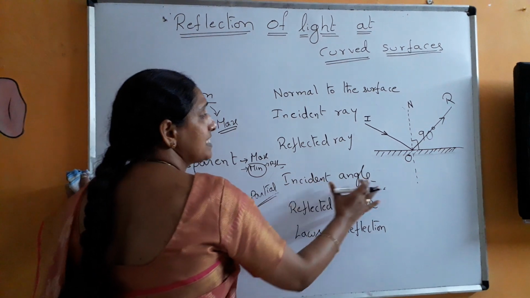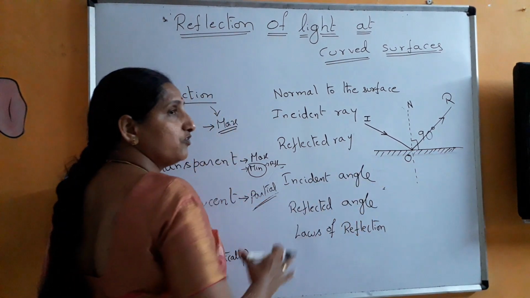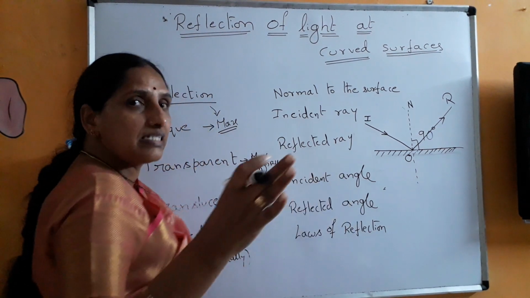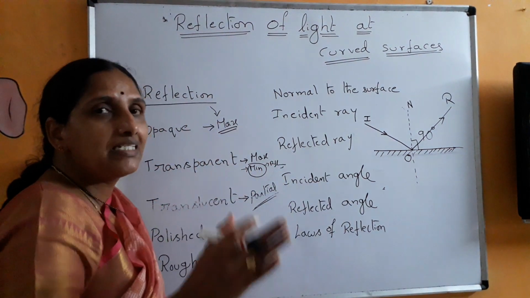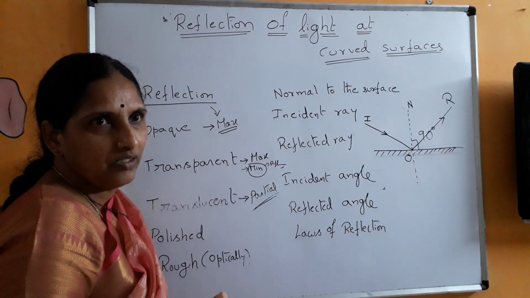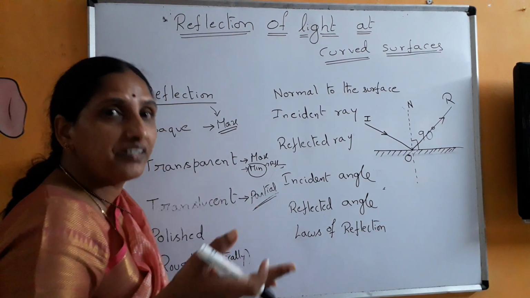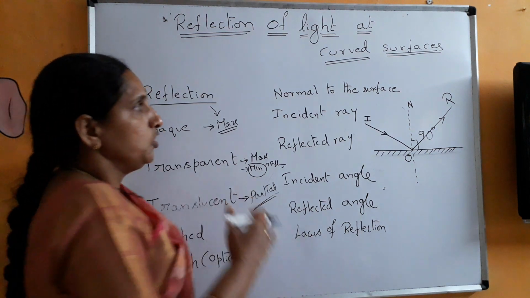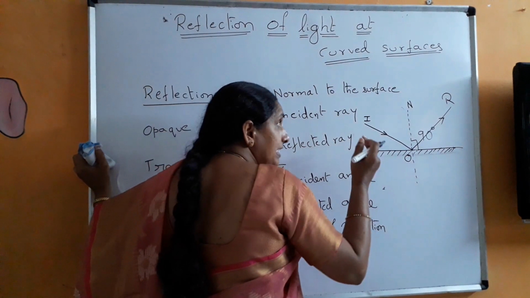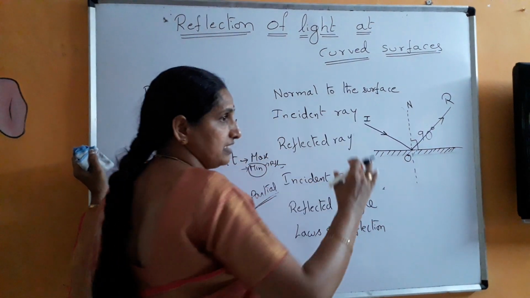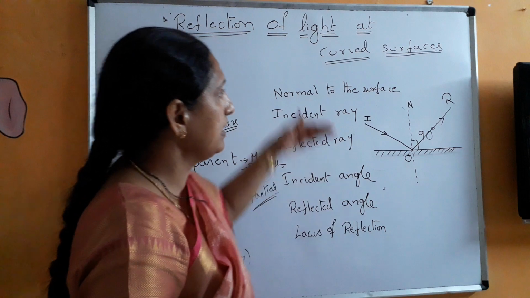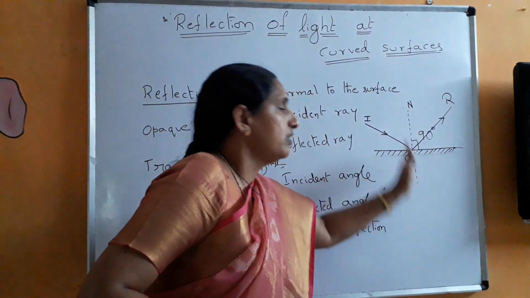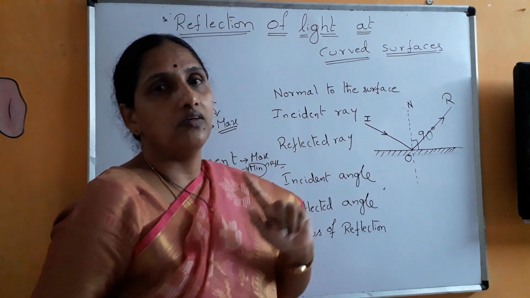Now here, the angle of incidence. The next word you have to learn is angle of incidence, or incident angle. So the angle made by the incident ray with the normal is called the angle of incidence.